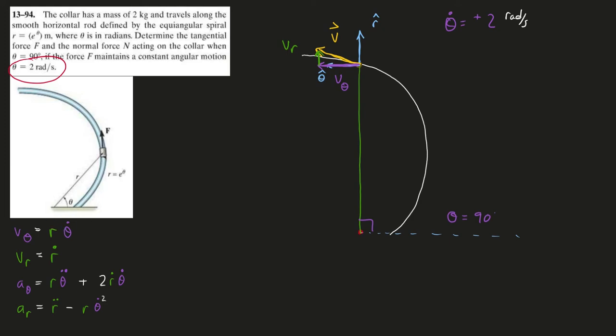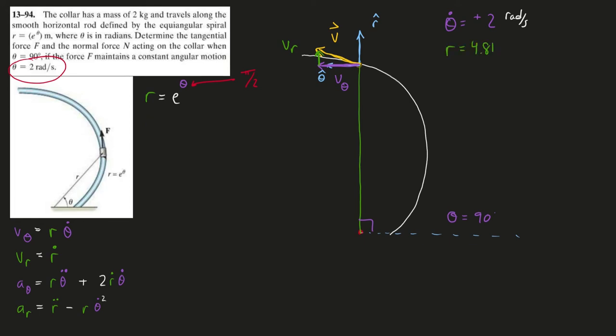Now, our R coordinate at this time, we can determine that no problem because we're given the fundamental equation of the path. And I want to remember that this angle is given in radians. So instead of plugging in 90 here, I'm going to plug in 90 in radian form, pi over 2, which means that my r value will be 4.81.